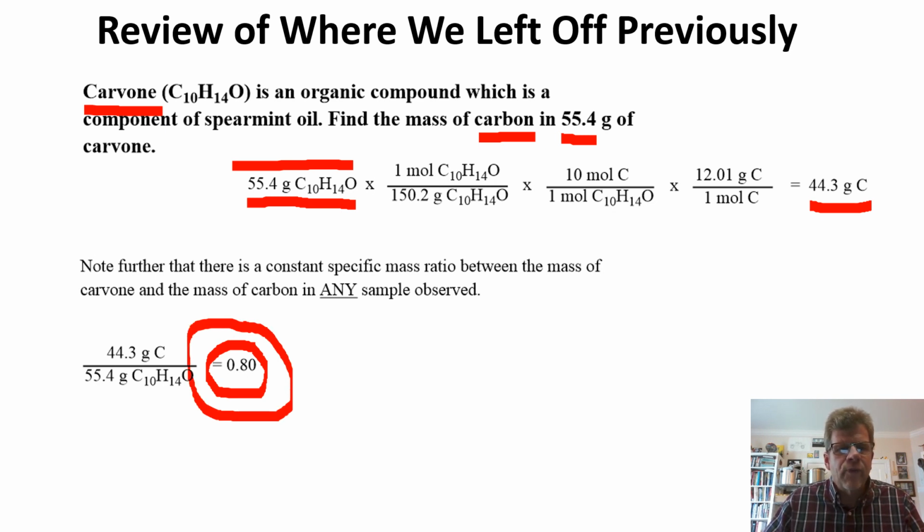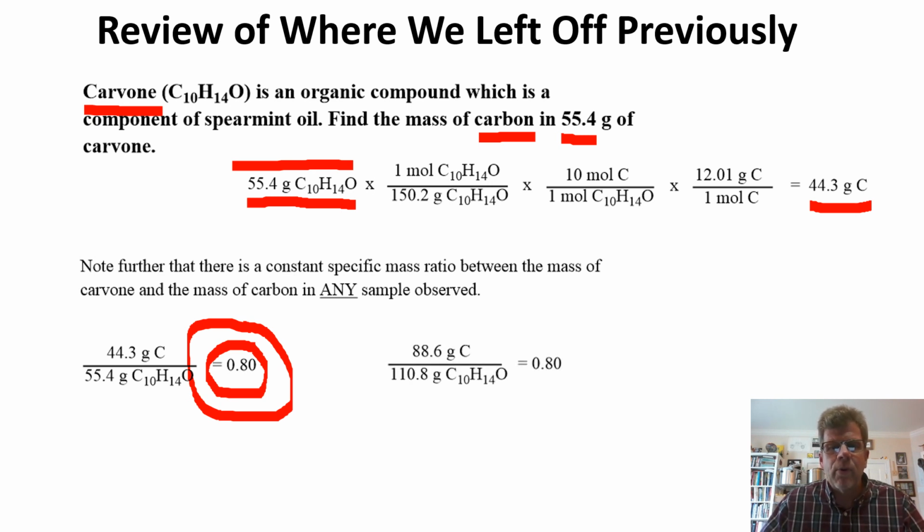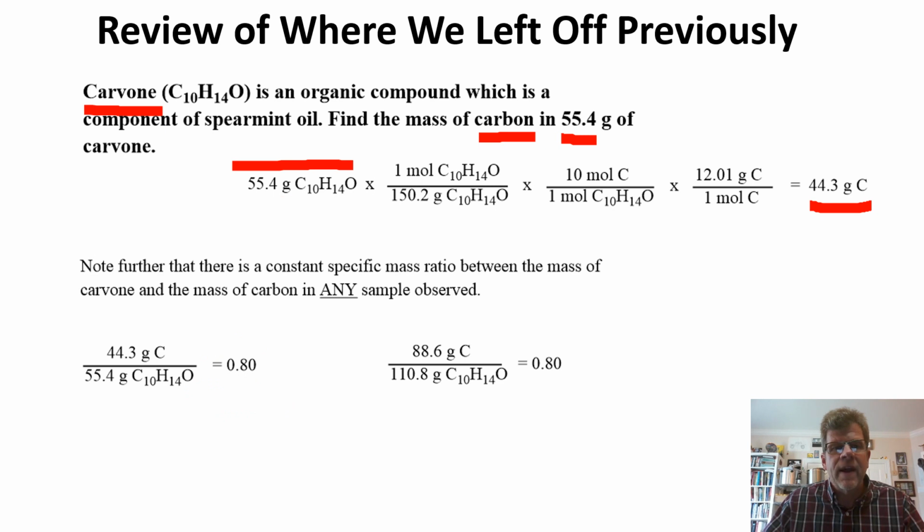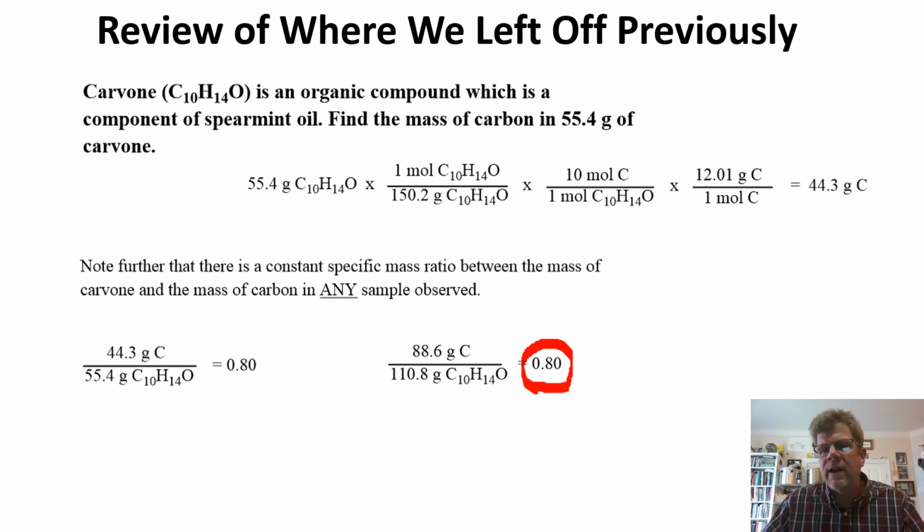If we doubled the mass of carvone to 110.8 grams, we would get theoretically 88.6 grams of carbon attributable to that. And I know that because dividing one mass into the other gives the same amount, so 0.80 multiplied by 100 equals 80%.